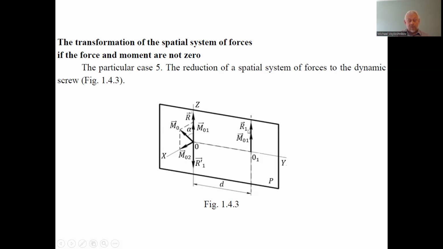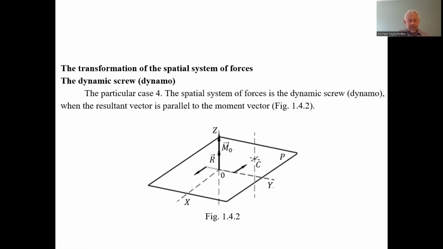So only force R1 remains here, applied at the point 01, and to the same point we move the projection of the moment on the axis 0z, and we have two efforts having the same direction. This is the previously considered dynamic screw, dynamo.